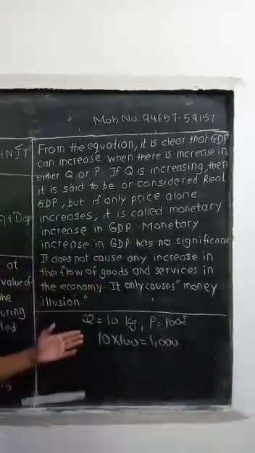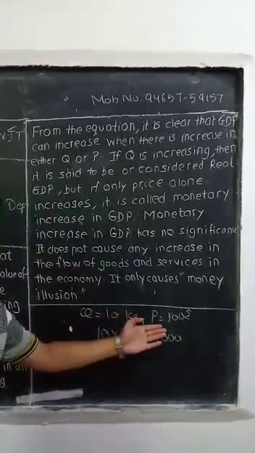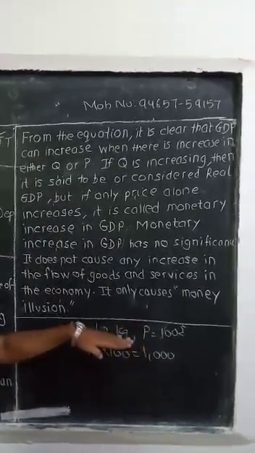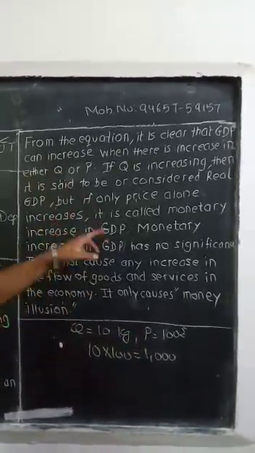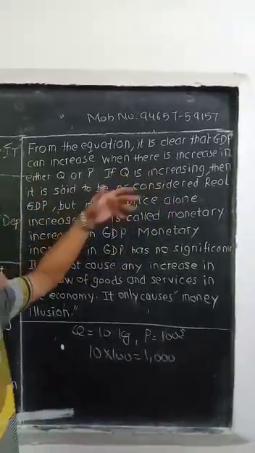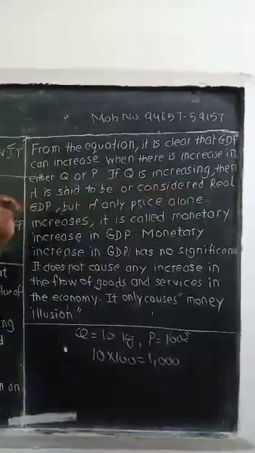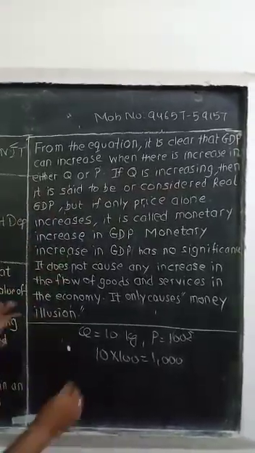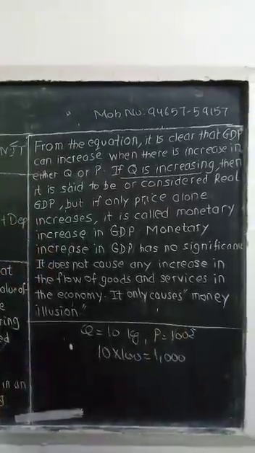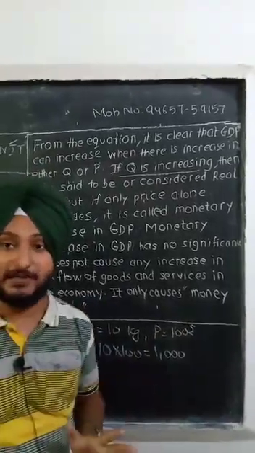If either Q or P increases, the nominal GDP will increase. But if only Q is increasing, only quantity is increasing, then we can say that there is real GDP.